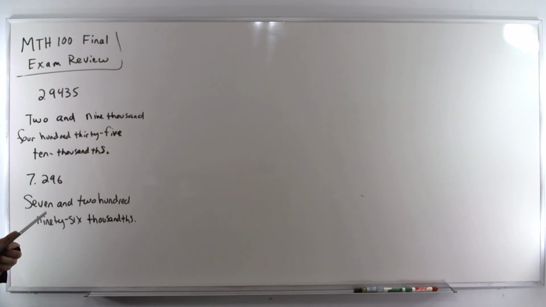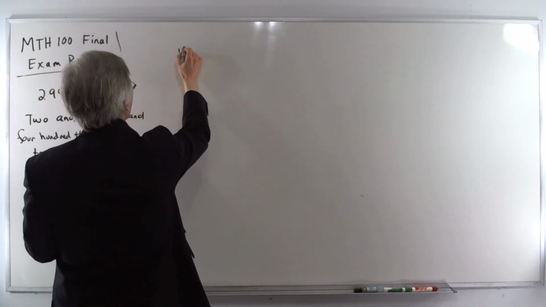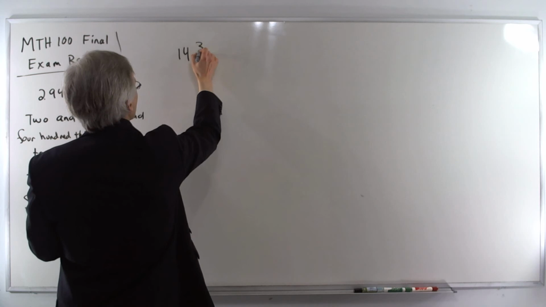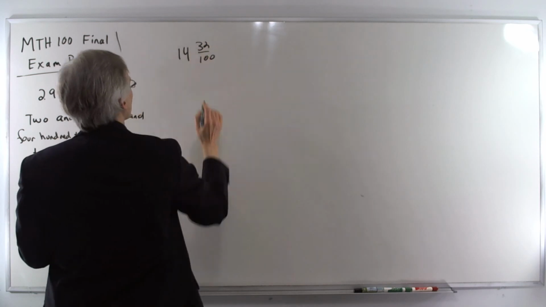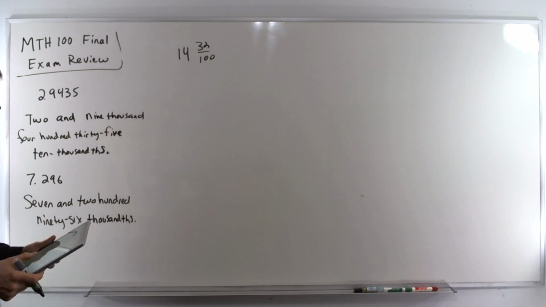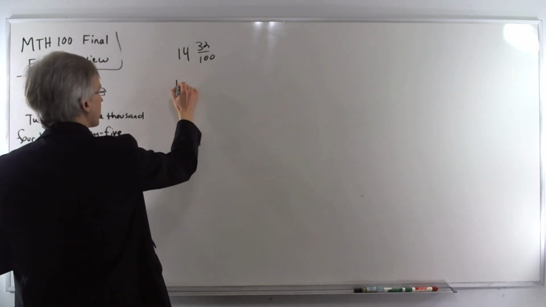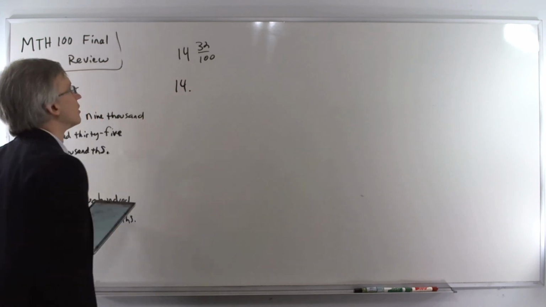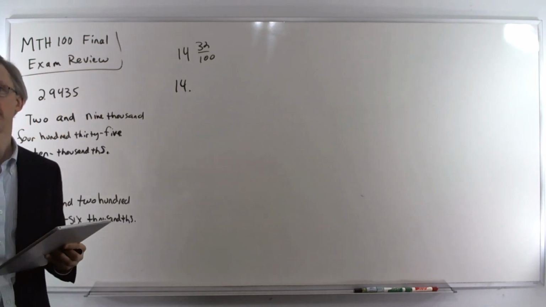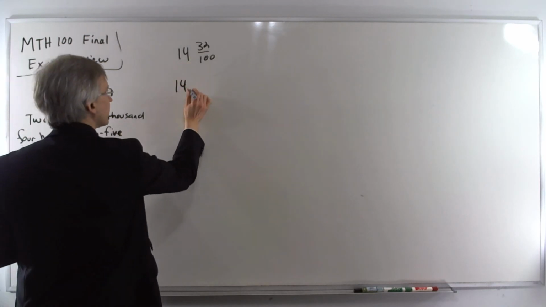Next up, fractions to decimals. 14 and 32 over 100. So we want to change this thing to a decimal. Now, the whole number is always just going to be the number that's to the left of the decimal. So write that as this number and then the decimal point.